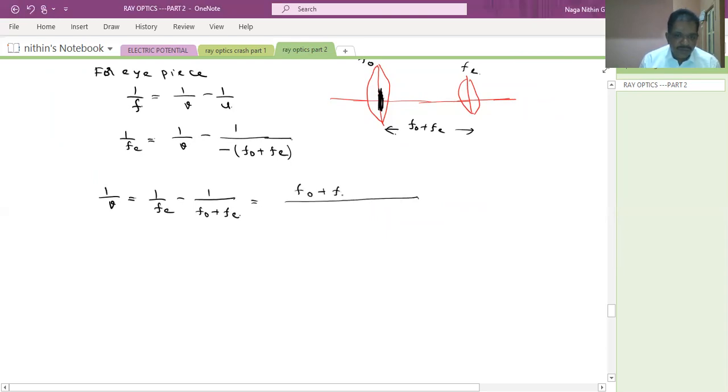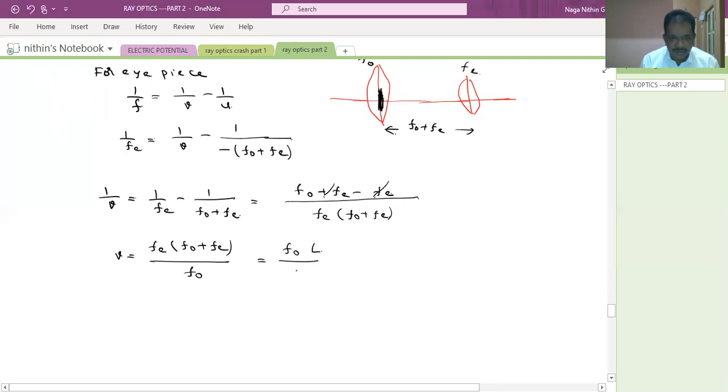That is FO plus FE minus FE by FE into FO plus FE. These two will cancel. Then V is equal to, what will happen? FE into FO plus FE by FO. FO plus FE is the length of the telescope. So this will be FO. That is the V value we got.